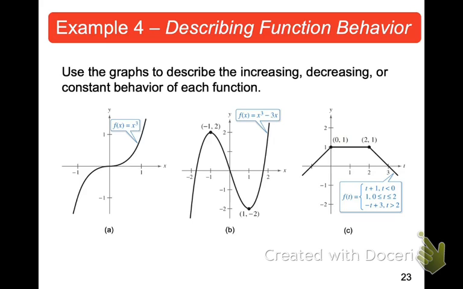So, let's look at this first one. Now, if I took this graph and I pulled it straight, going all this way, what kind of slope does that look like? Increasing. This kind of looks like a positive slope.